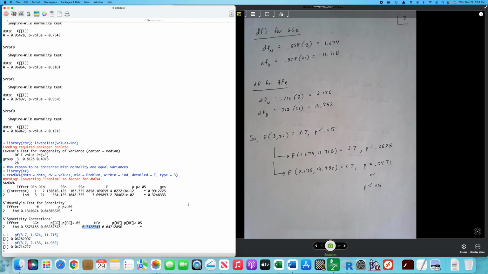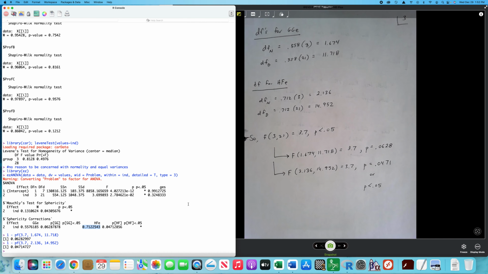So now what we're going to do is we're going to recalculate the degrees of freedom. So for the GGE, we're going to take the 0.558 times each degree of freedom and get an adjusted degree of freedom for this estimate. For the HFE, we're going to take its estimate of epsilon times each degree of freedom, and we get another set of degrees of freedom.